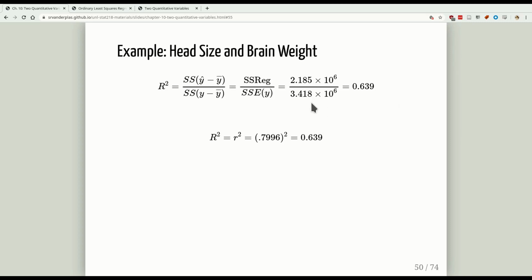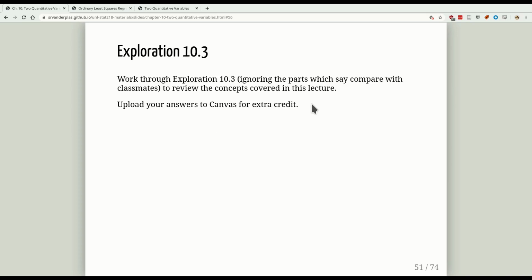I'm going to recommend that you work through Exploration 10.3 in groups on your own, however you want. Ignore the parts that say compare with your classmates, because obviously that is a little more difficult right now. If you do work through this, you can upload your answers to Canvas for extra credit, but you certainly don't have to.